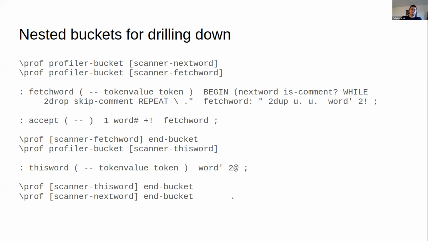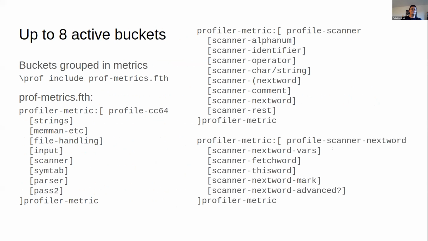This is what nested buckets for drilling down look like. I'll skim over this now. Here we have groups of 8 buckets grouped together in a metric.